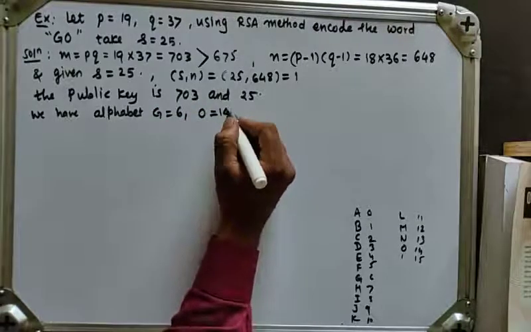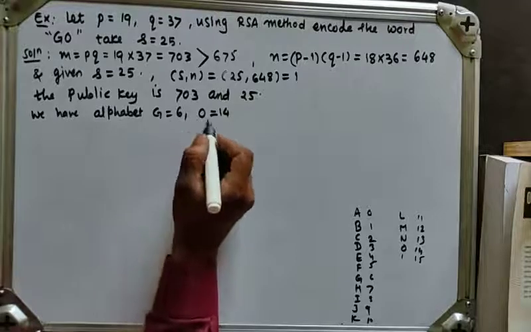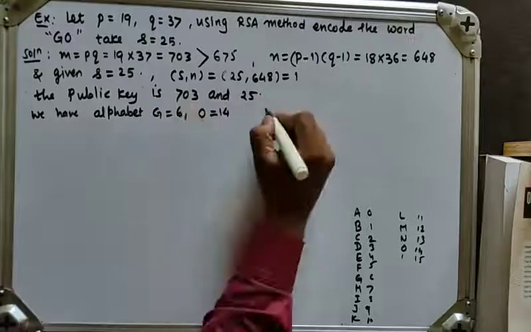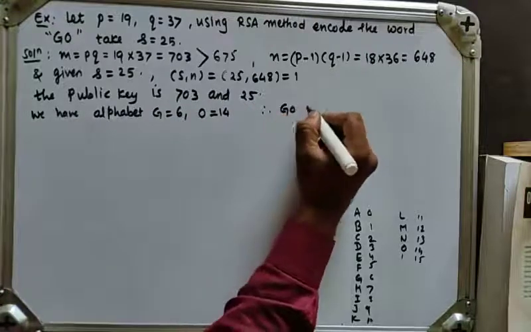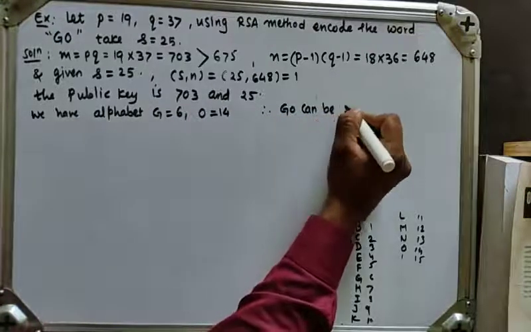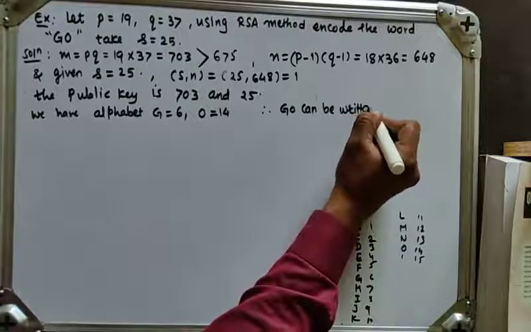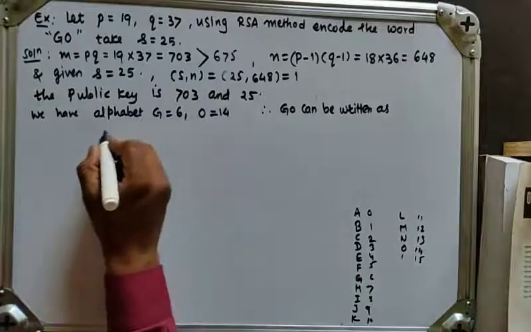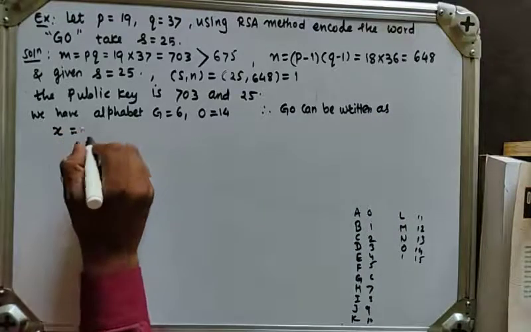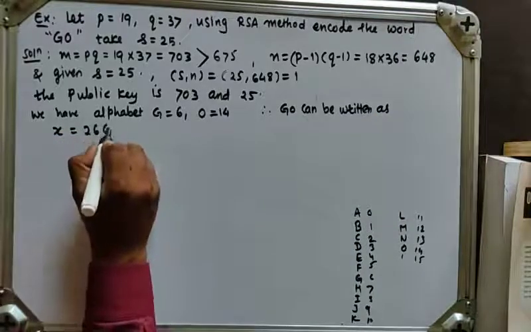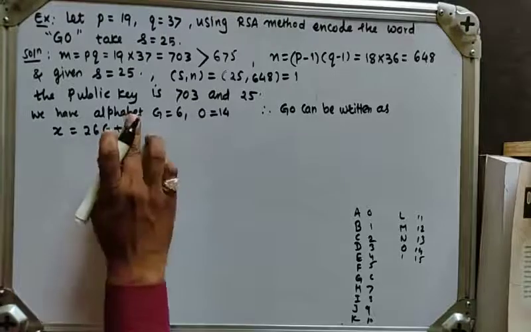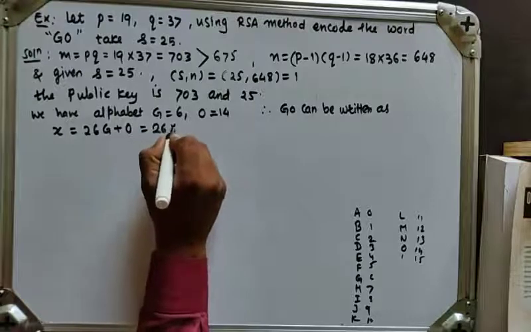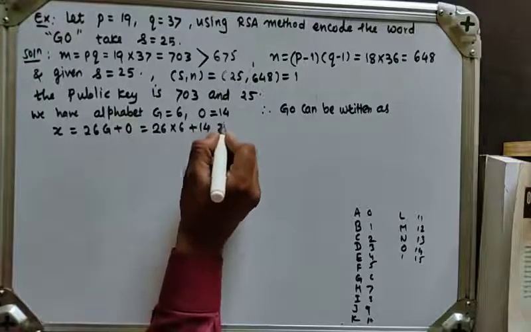So what is the code of GO? Therefore GO can be written as the number X, which is equal to 26 into G plus O, which is 26 into 6 plus 14.